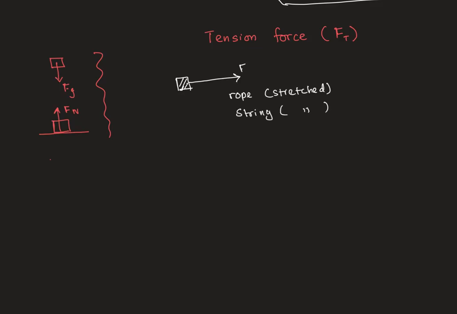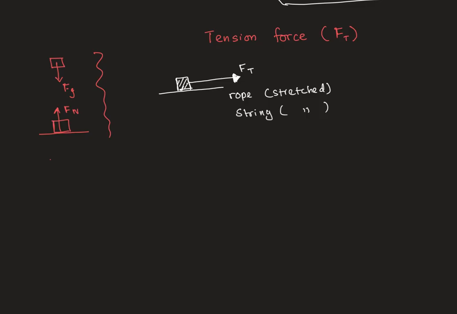And there you experience a tension force, and the tension force is always away from the object. So here the block is sitting on a table, and there you have a rope attached to the box, and the tension force is pointed away from the object.